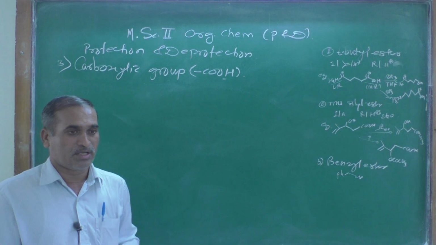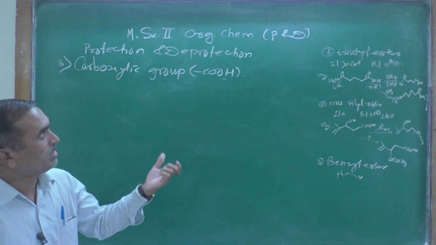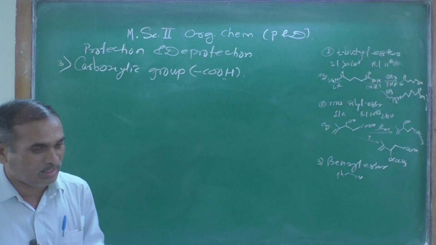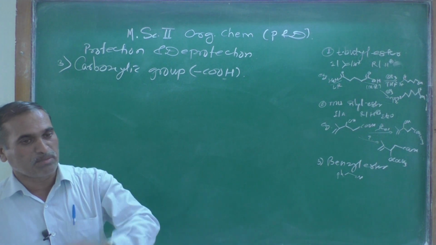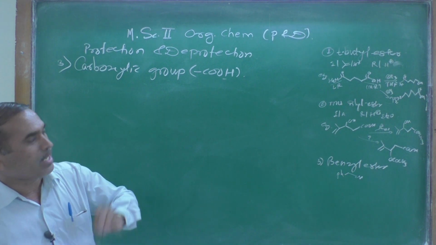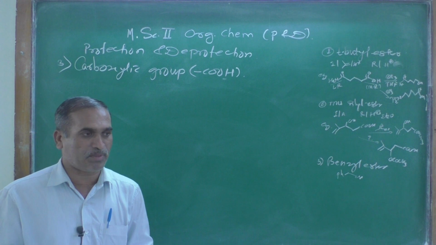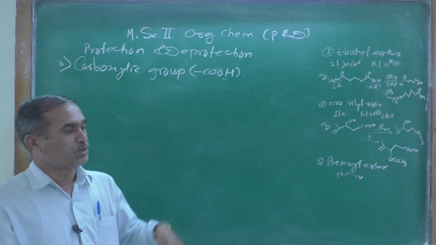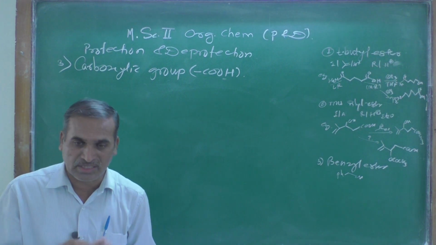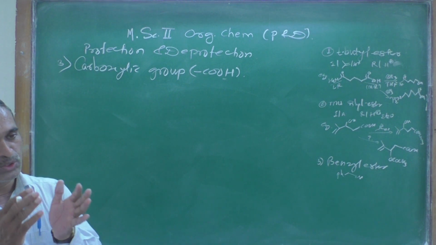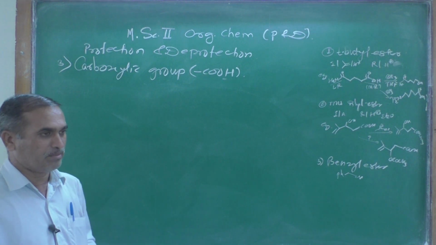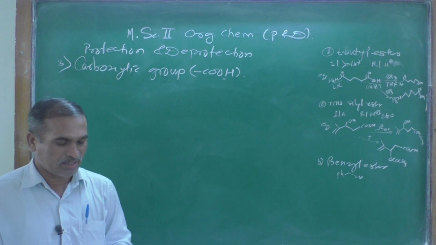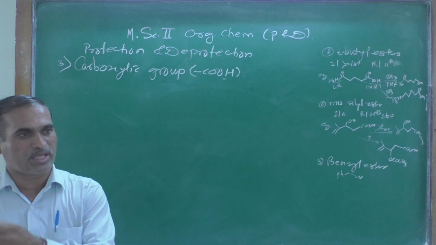In a basic condition we cannot carry out this reaction because this hydrogen is highly acidic. Similarly, nucleophilic attack reactions also get affected due to the interference of this acidic proton. To avoid such problems and get the desired product, we must protect this carboxylic group by using a suitable reagent.